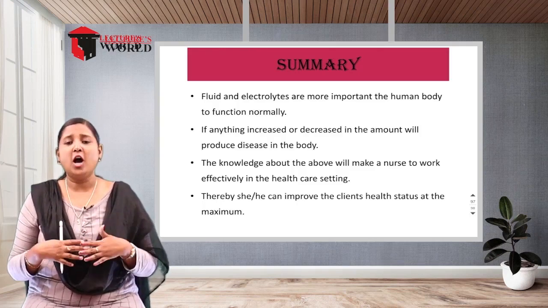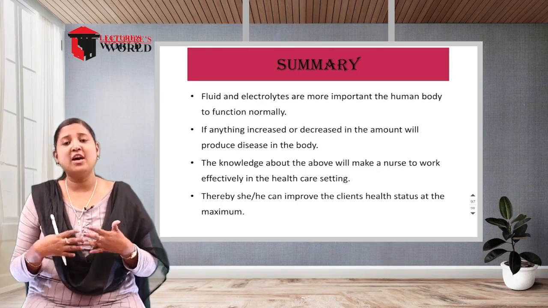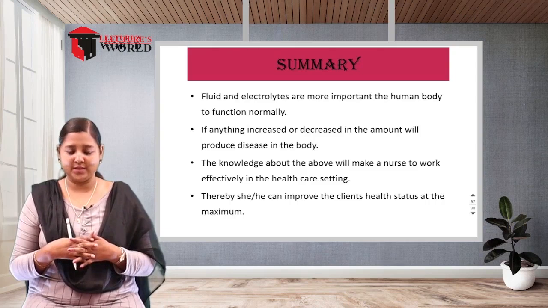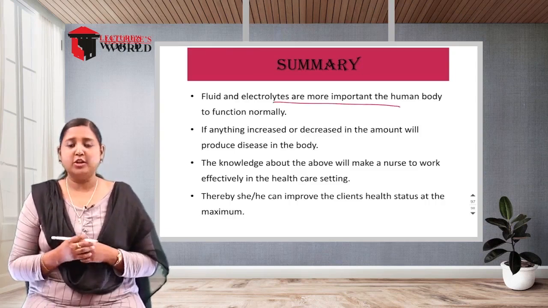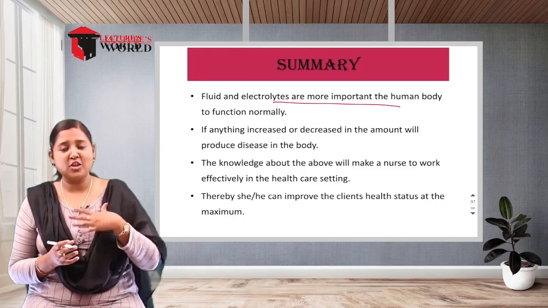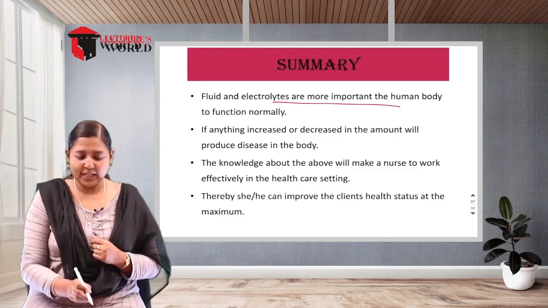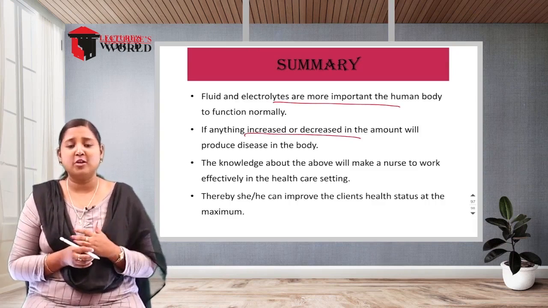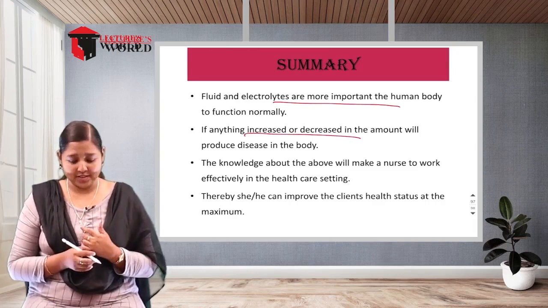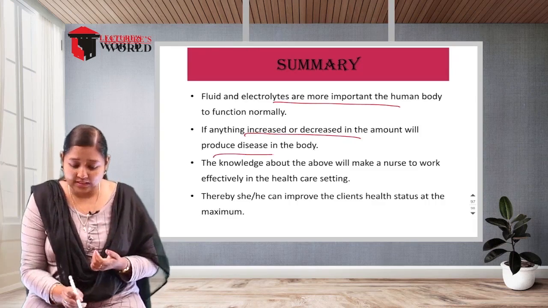And as a nurse, how you should identify and how you should treat was covered in the last classes. So fluid and electrolytes are among the most important things for human body functions, to make your body function normally. And if anything is increased or decreased in the amount of fluid, electrolyte, acid or base, it will create imbalances, and that can produce diseases in the body.